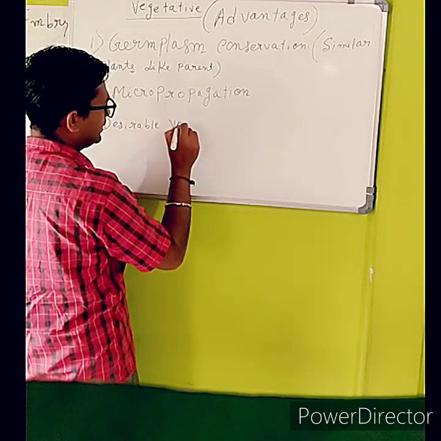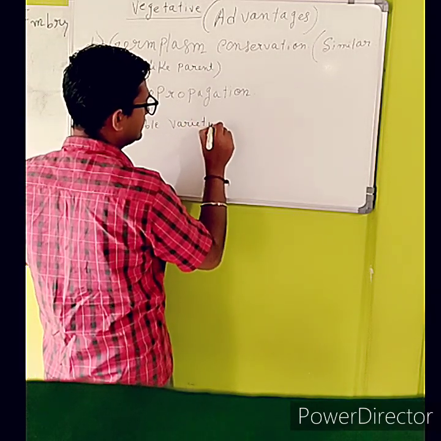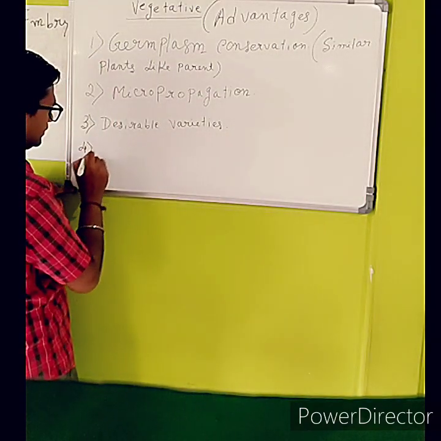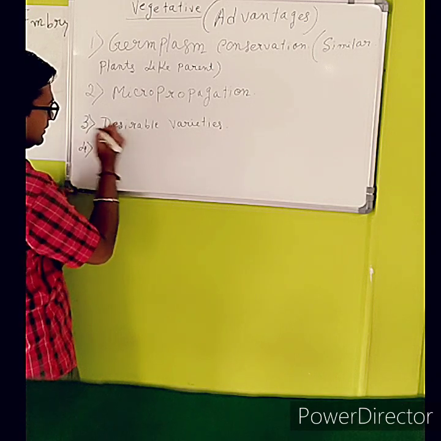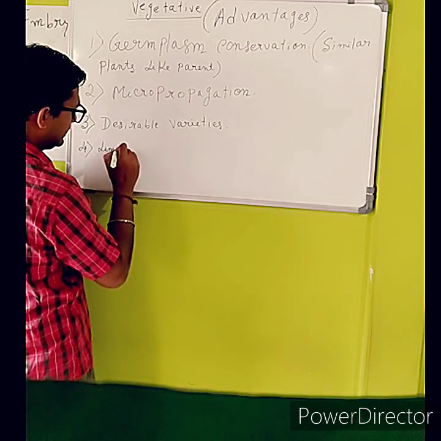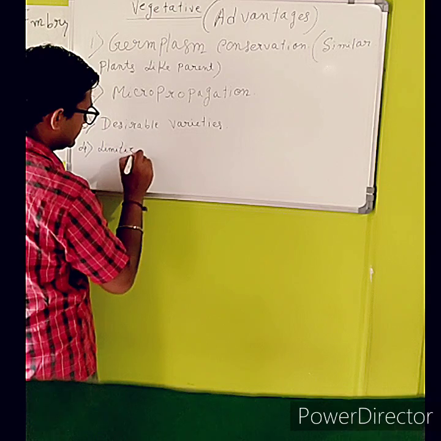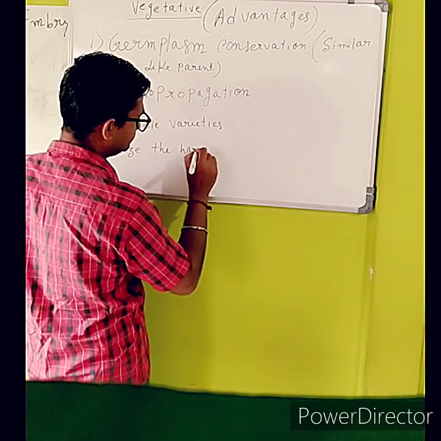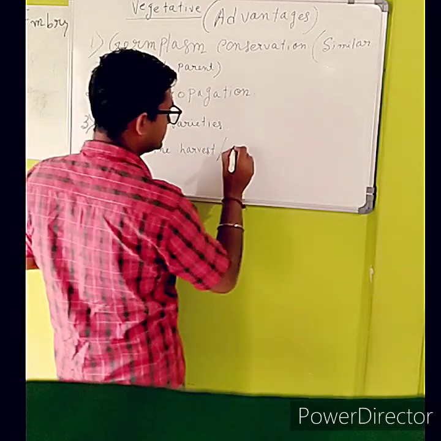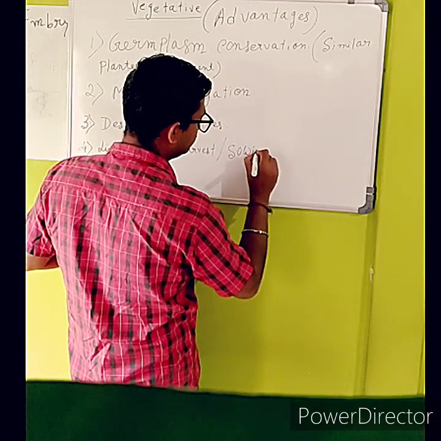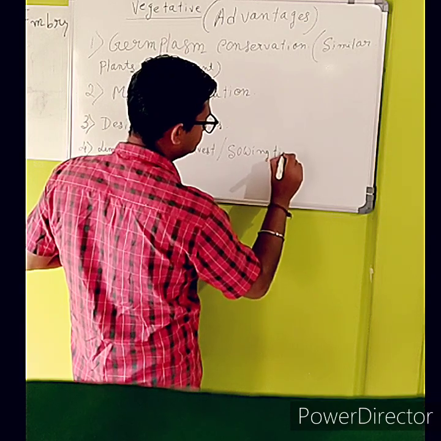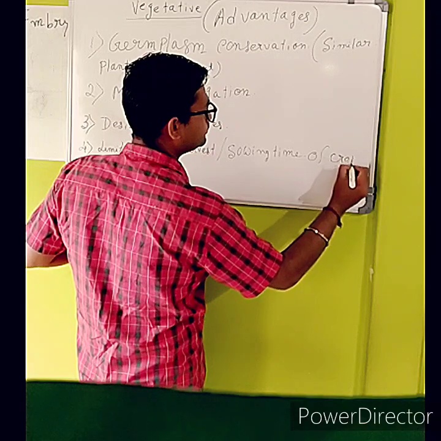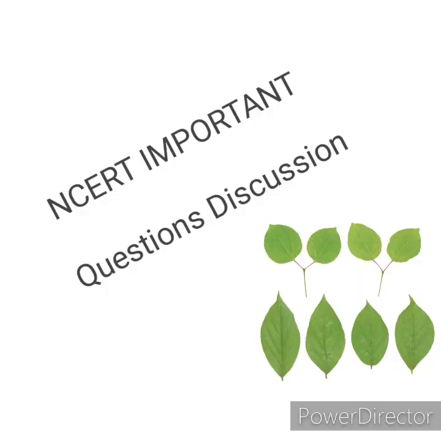The next one is that desirable varieties can be produced, and the last one is that we can adjust the different sowing times and harvesting times of the crop according to our need. That is, we need not wait for a particular season for sowing or harvesting.